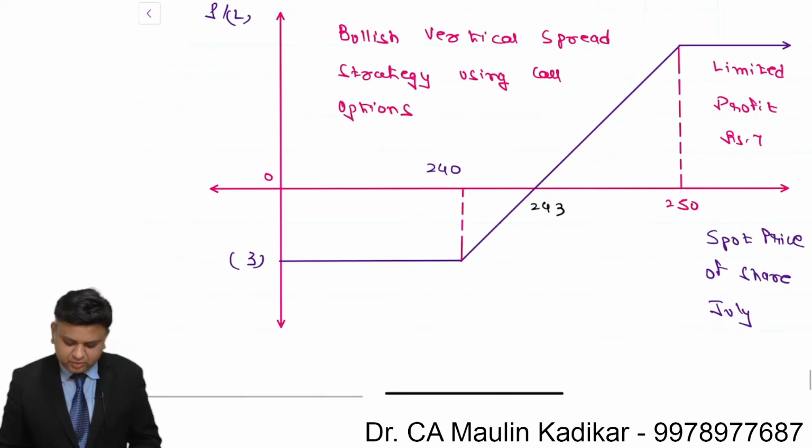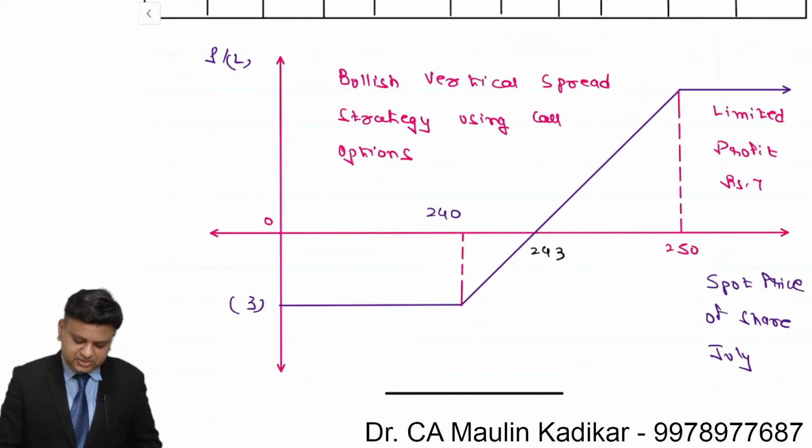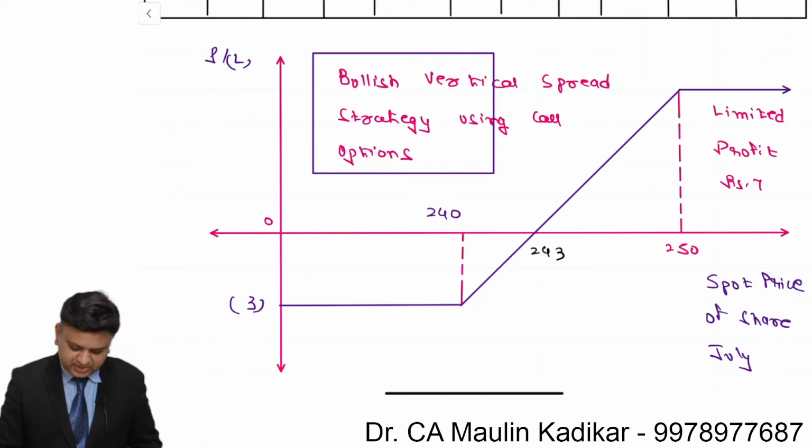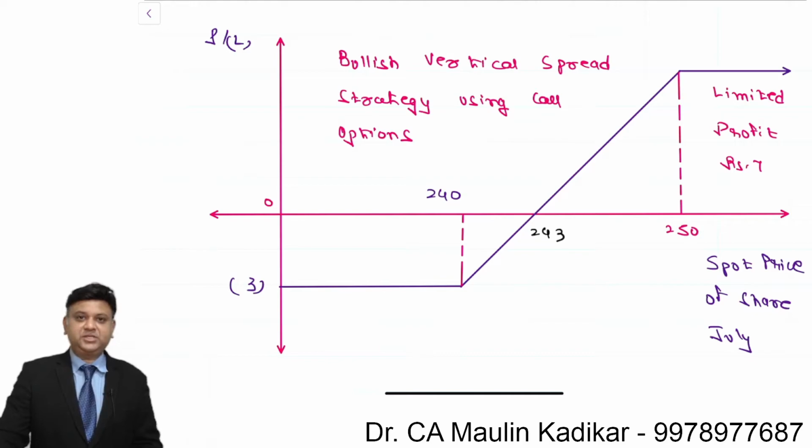Using put options, how you can do it, that we are going to discuss later on, so I do not want to discuss it for the time being. But this is the bullish vertical spread strategy, wherein you will be able to make a profit if your expectation proves to be correct and the price of the security is going up.